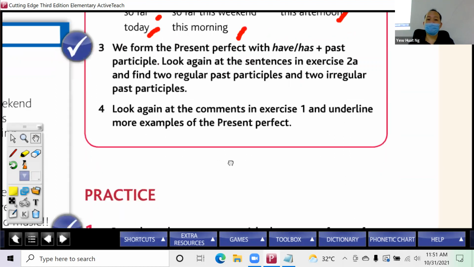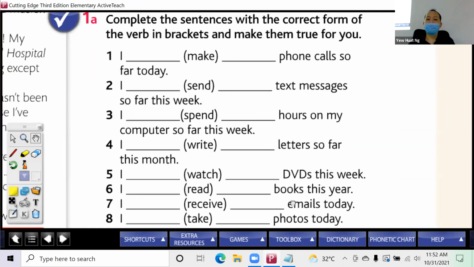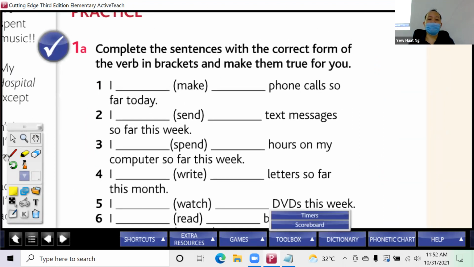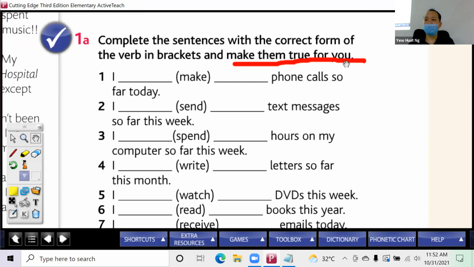Okay. So let's try this. I'll come and take a look right now, but look, you need to take all these sentences and make them true for you. Can you try this now? Make them true for you.